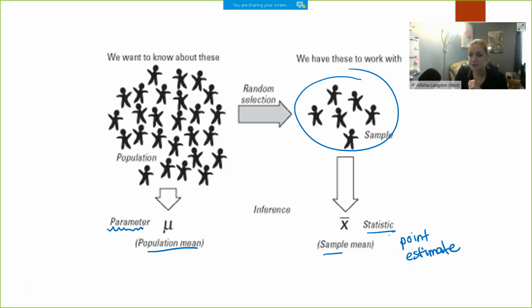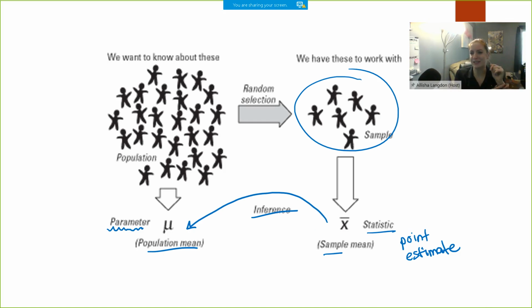Same thing, okay? You gather this information, you do the calculations, you find your point estimate of x bar. Then you're going to use inference, which is drawing conclusions, to take that x bar to mu. So you're going to jump to conclusions.